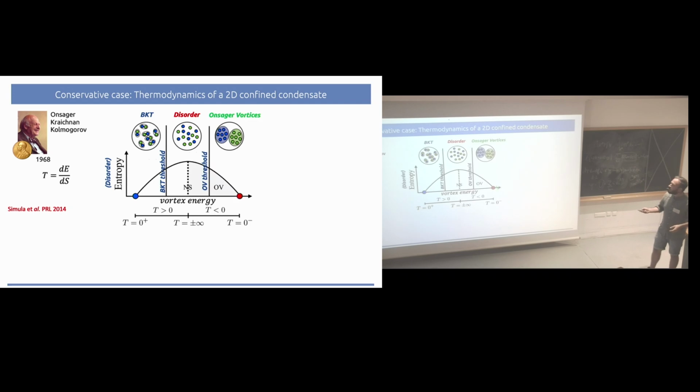But what happens when we push more energy into the system? Well, the system needs to find a way to reorganize this energy. The way that this system transforms this energy is to push it towards the motion of large-scale structures of vortices that we call Onsager vortices.